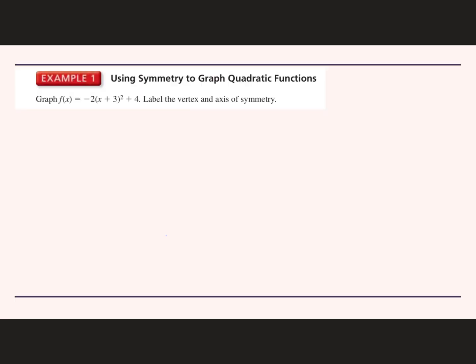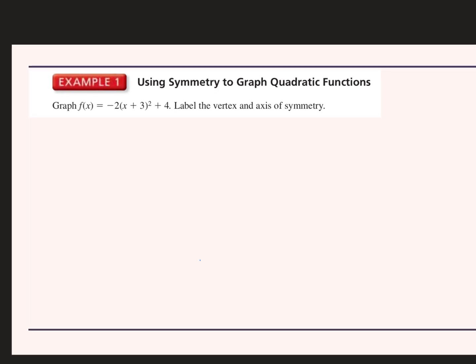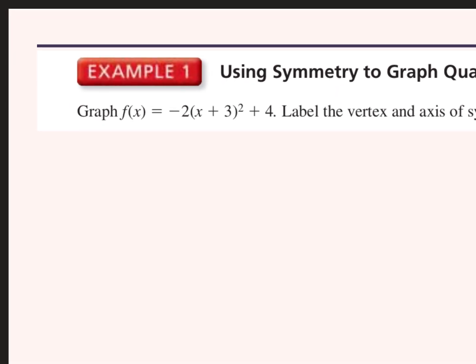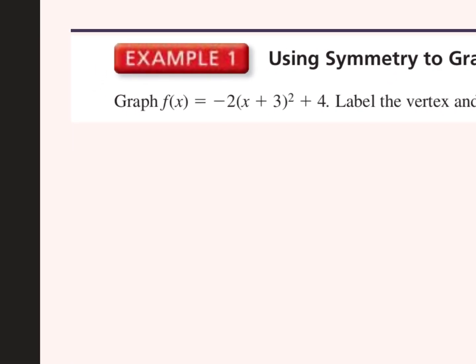All right. Going to the next page, it says example 1. We need to graph, label the vertex, and label the axis of symmetry. When we have vertex form, the first thing we want to do is identify our vertex. Remember, our vertex is what we're adding on the inside of the parentheses and what we're adding on the outside.